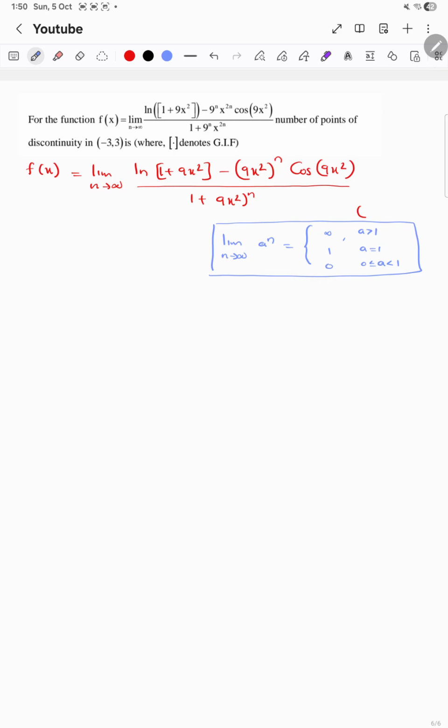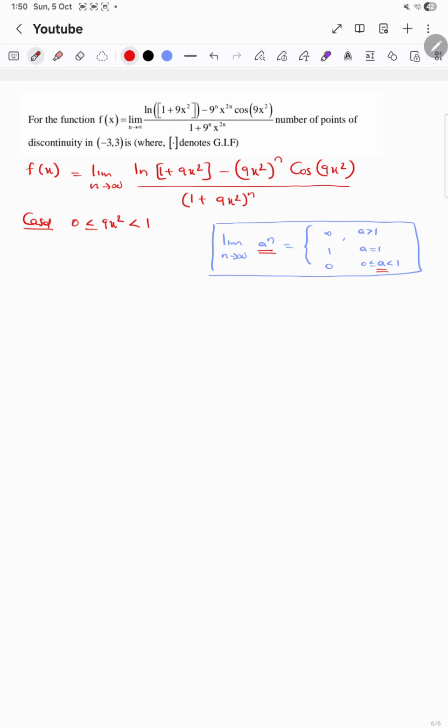So this we have. So what we can do here, we need to take cases. So case 1 is, I will go with this third case, which is 0 less than or equal to, here a is the base. Here what is the base? 9x square. So 9x square is the base, which lies between 0 to 1.